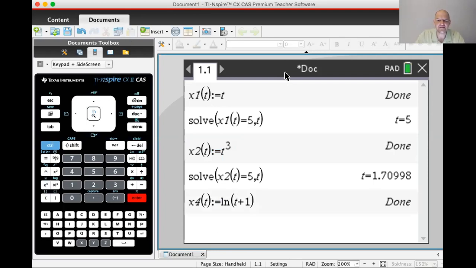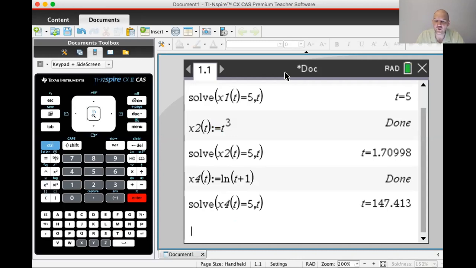Natural log of t plus 1. This one I think is the most interesting. So to get to 5 takes 147.413. It just takes forever. And then x5 is e to the t minus 1. So x5 versus x2 is actually kind of interesting, to me at least, because I think exponentials are like crazy fast at growing.